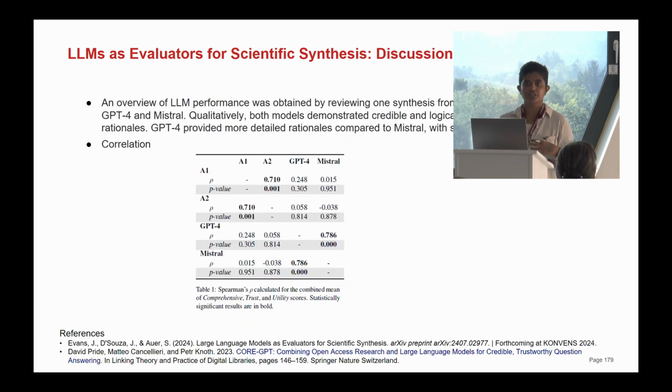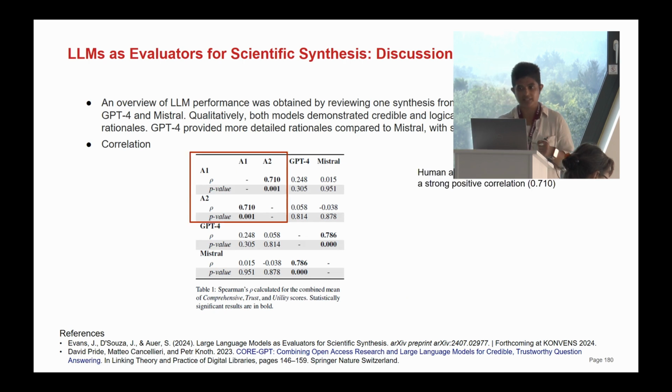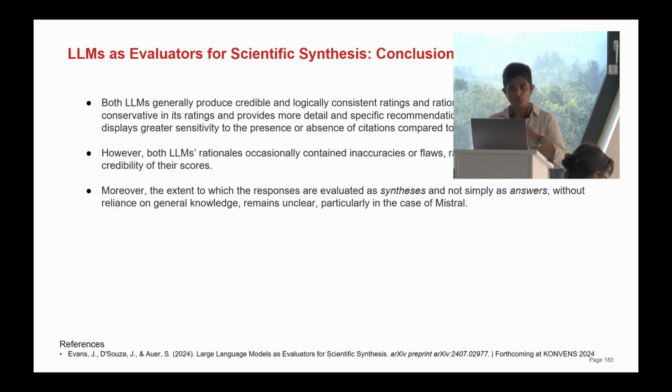We've also tried to discuss qualitatively how the human evaluations compared with the LLM evaluations. And our results did show that the LLM models were indeed quite worthy contenders to the human evaluators for a task of this complexity. This is a correlation slide.